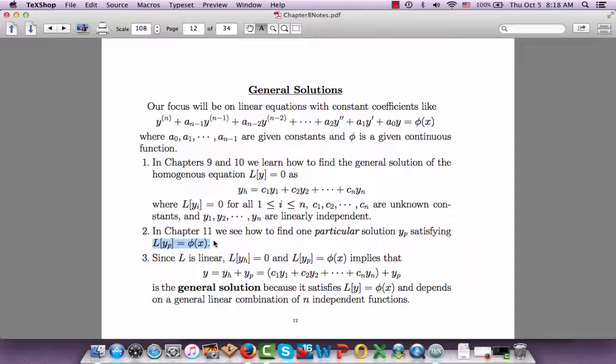So we have to add to it the homogeneous part, and then those two terms added together, which looks generally like this, will be a general solution. It solves the equation due to linearity, because the first part L takes to 0 and the second part L takes to phi of x, which we want. But it has these constants in it, which now can be used to figure out what they should be in order to satisfy initial conditions.